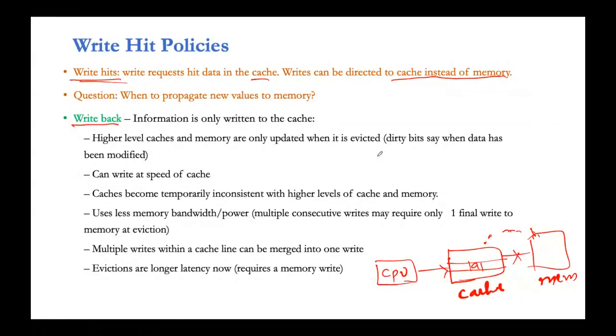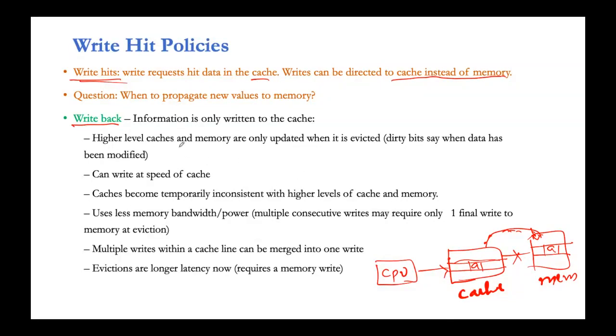The information is only written to the cache, and once your cache is full, and if this cache line is supposed to be evicted, at that time it is going to be written back into your main memory.